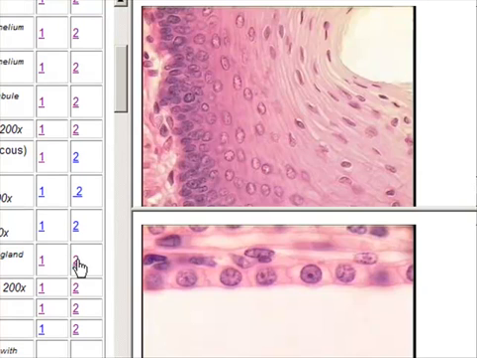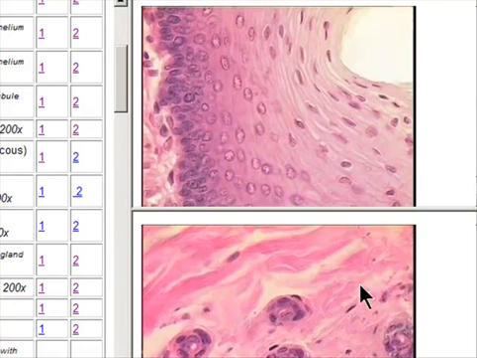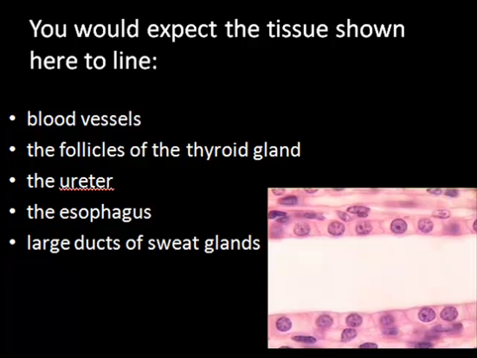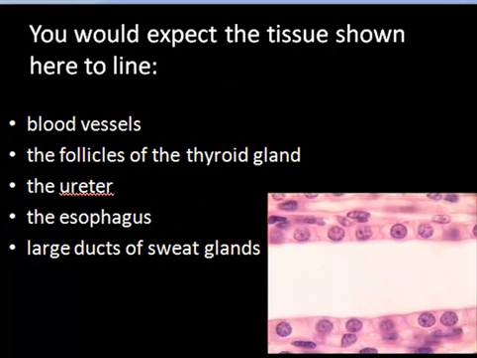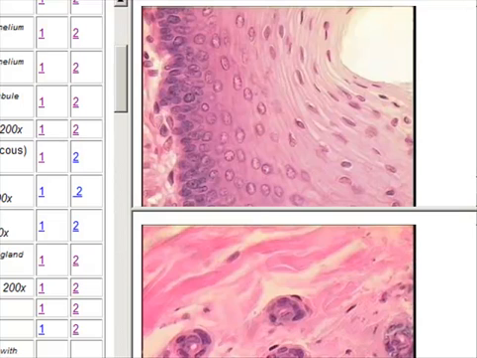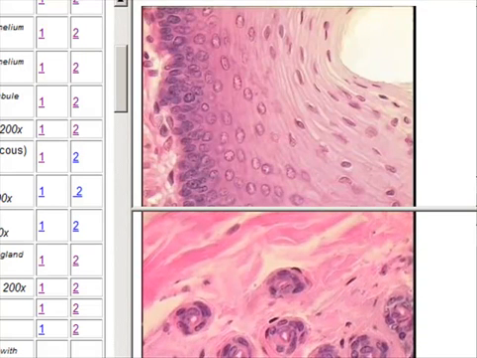I want to show you stratified cuboidal. So here is stratified cuboidal. So again, look at, this was the basement membrane here. Again, you can see a lumen right here in the center. And then here are the two layers of nuclei.